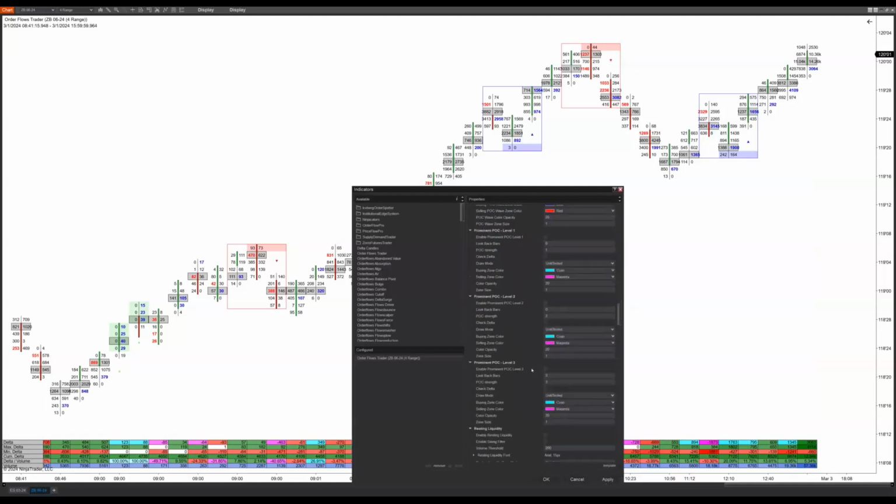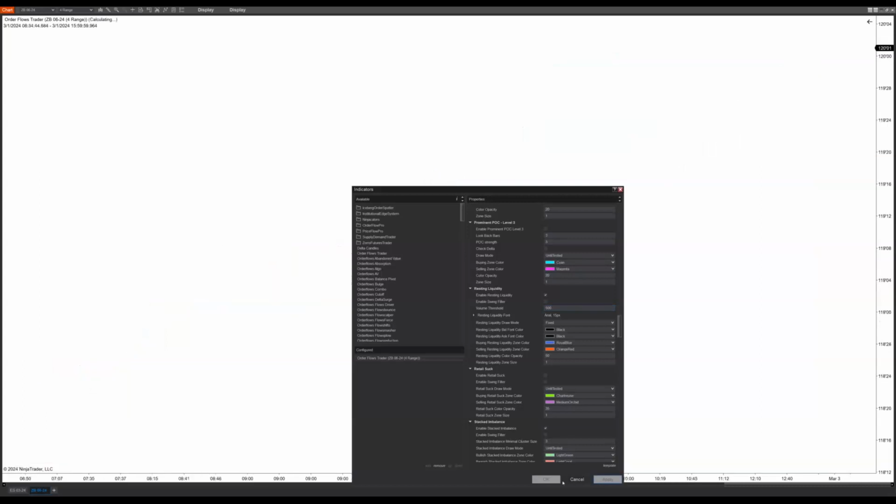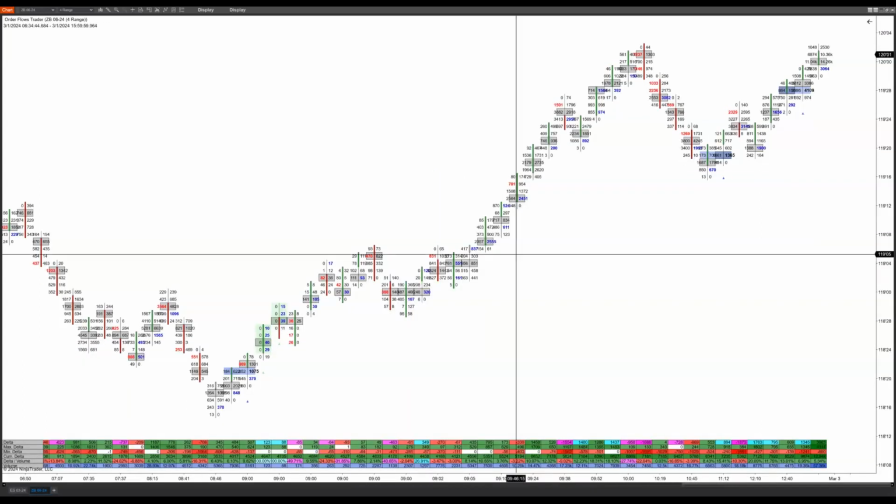You'd have to adjust it based on your market. I wouldn't use 200 here. 500 is probably too light as well. You probably need to use a bit stronger, but let's take a look here.